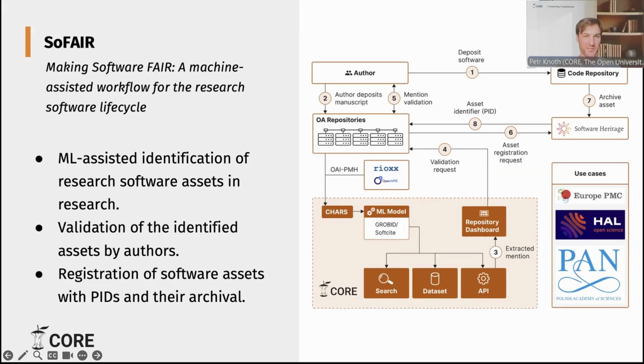Effectively, we're building a machine learning assisted identification of research software assets. Then we're validating these identified research software assets with the authors of those assets, and then we're registering them. What am I talking about?